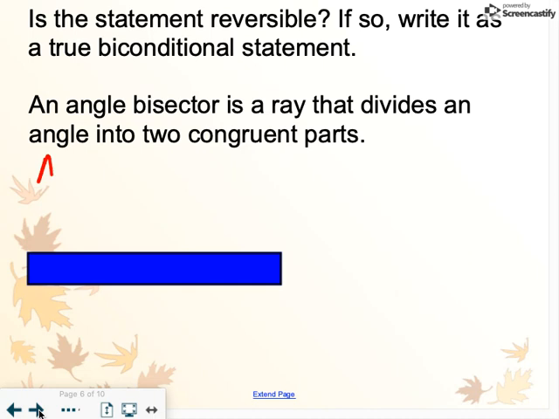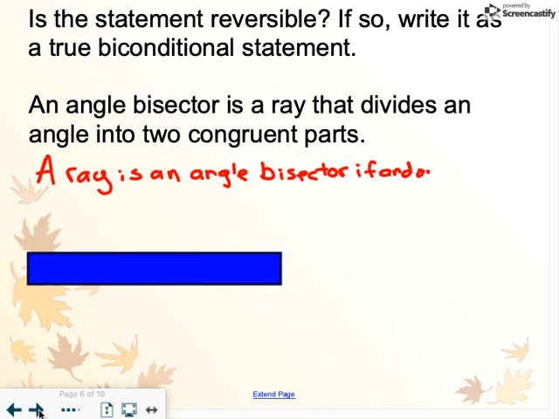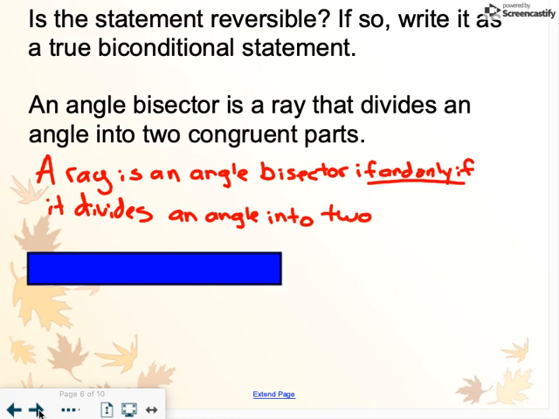So a ray is an angle bisector if and only if it divides an angle into two congruent parts.